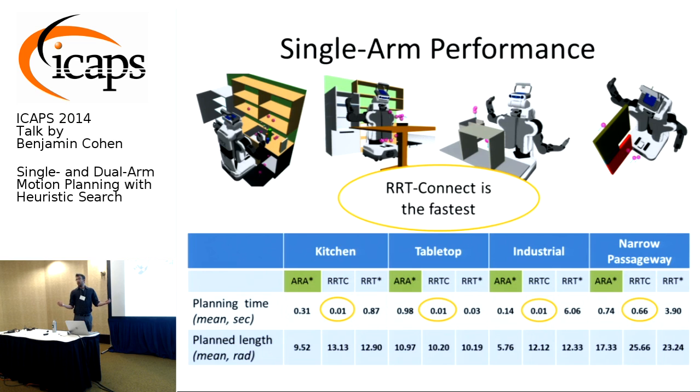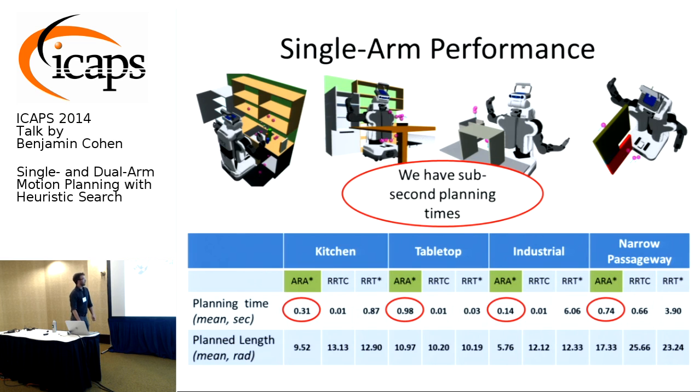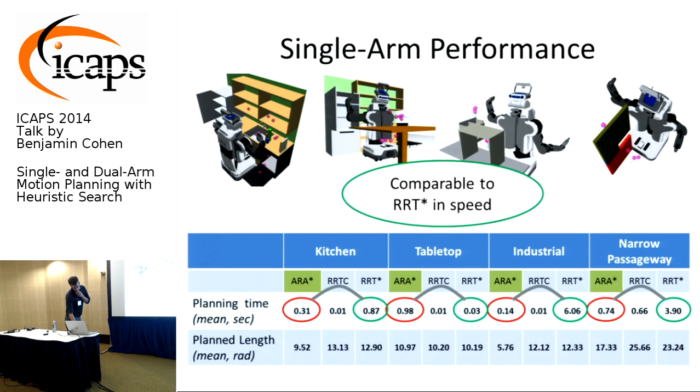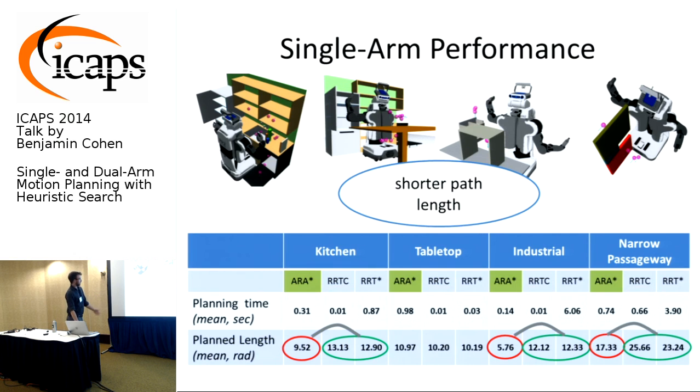RRT-Connect is the fastest, no question. But we do have sub-second planning times across the board in all of our trials. And our speed is comparable to RRT*, and our solutions have, on average, much shorter length than both the other planners.